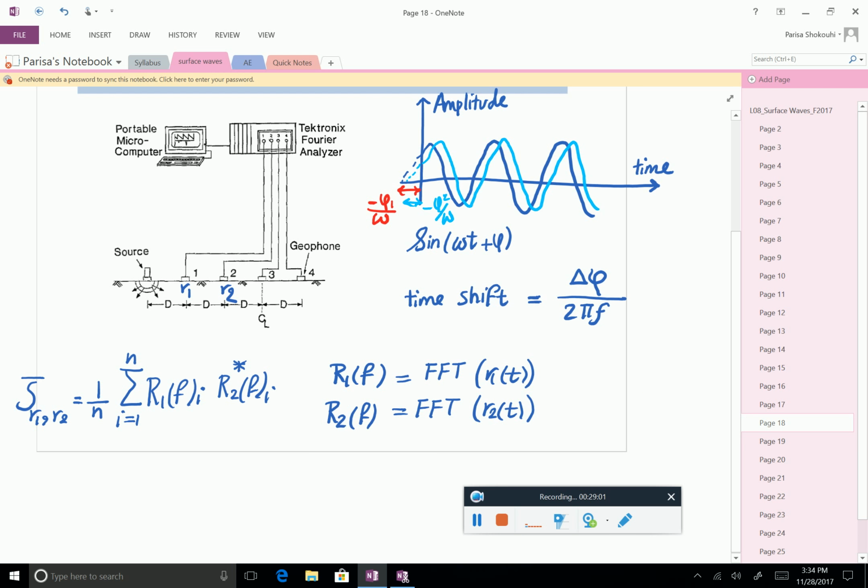This is the complex conjugate. And these i's, they are multiple measurements, basically just average. So this is called the cross power spectrum.